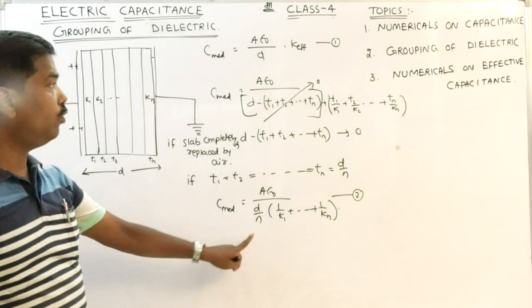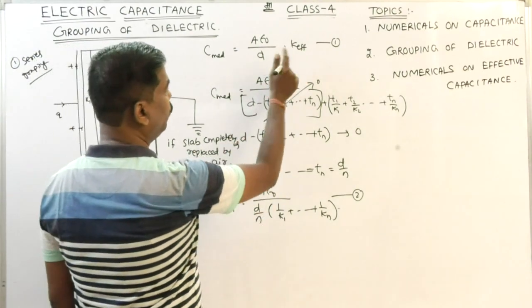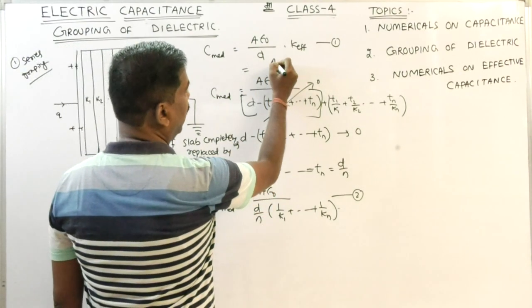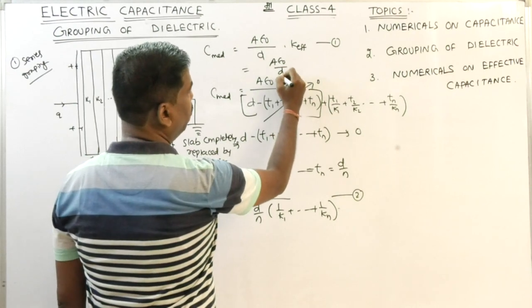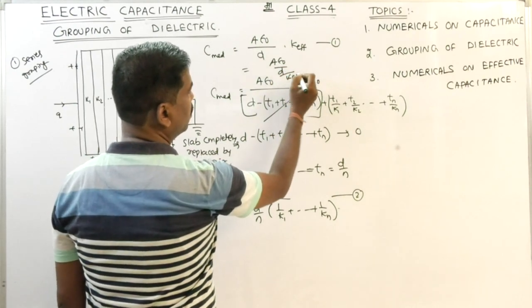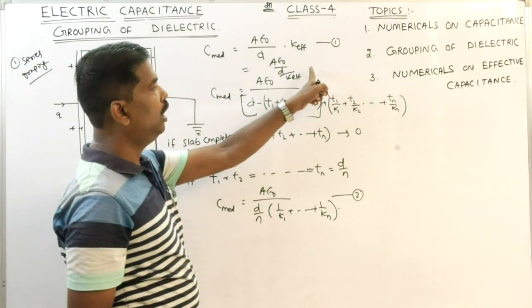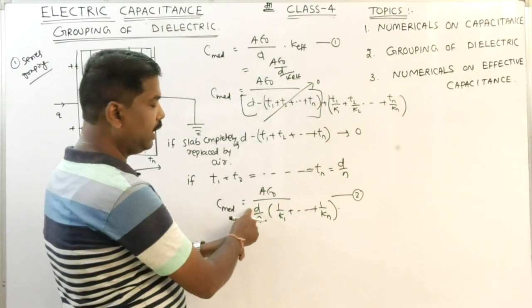Clear? Comparing equations 1 and 2, you can write the equation in such a way also: A epsilon 0 by D by K effective. Clear? If you write it so, A epsilon 0 by D is taken common.